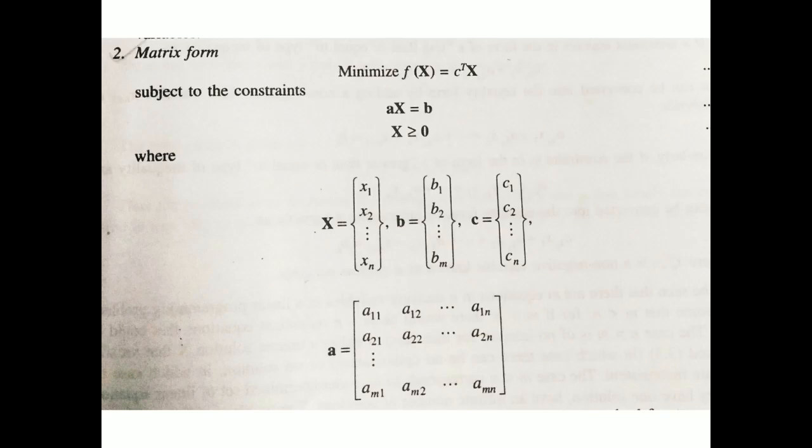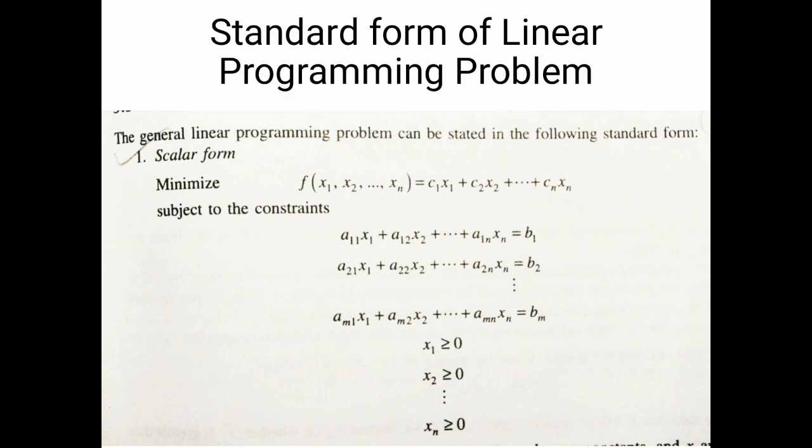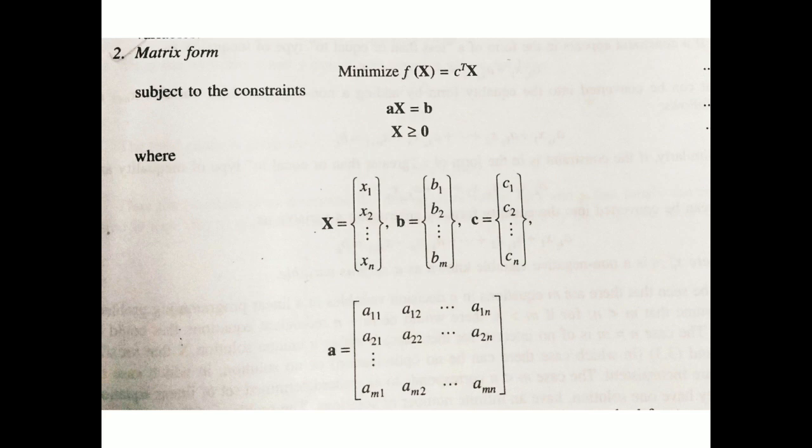In matrix form also, we can write these equations like this. Minimize f(x) is equal to c transpose x, where x is the n-dimensional vector, that is x1, x2 up to xn. Then it is subject to the constraints Ax is equal to b.